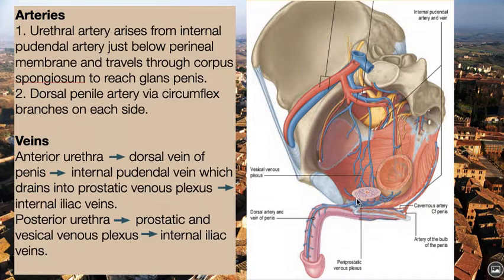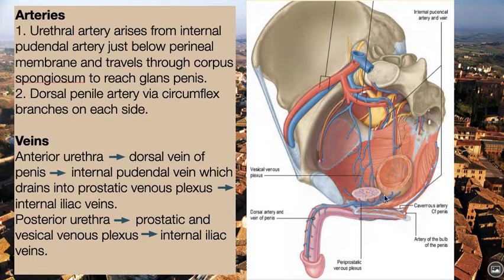Now, the urethral arteries arising from the internal pudendal artery supply the glans penis along with the dorsal penile artery via the circumflex branch on each side. Now, the anterior urethral veins drain into the dorsal vein of the penis, into the internal pudendal vein, which is draining into the prostatic venous plexus, then into the internal iliac veins.